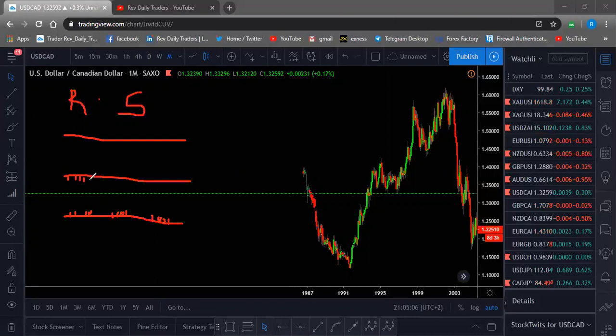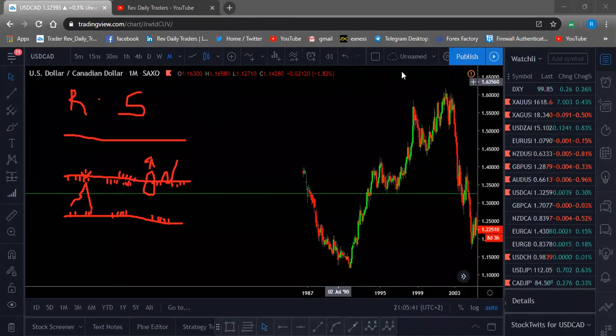Even here on our roof, we'll say this is our roof, this one. Okay, we look for many bounces on our roof, even on our floor, because when it breaks with a nice candle going up, this becomes our support. This one, okay, becomes our support.